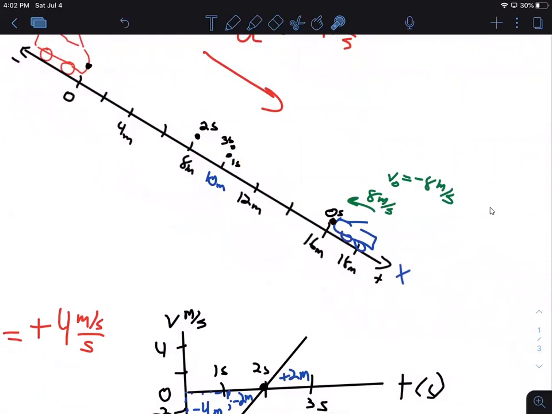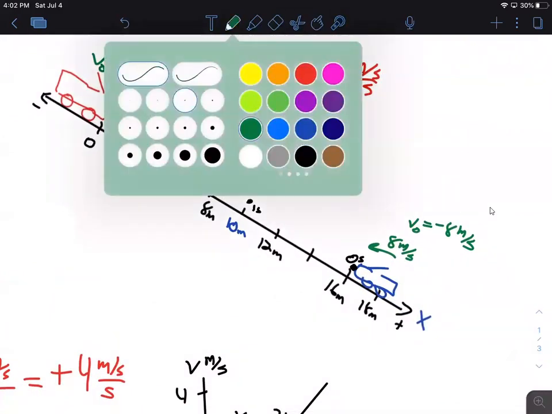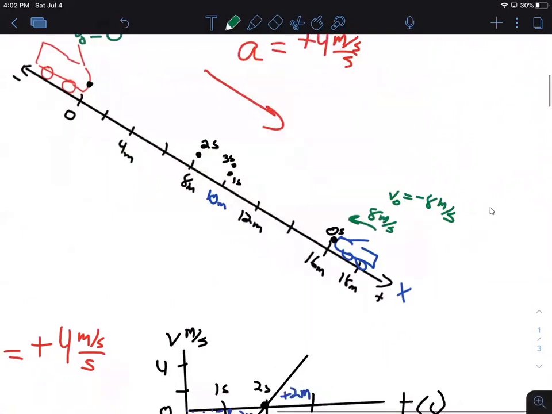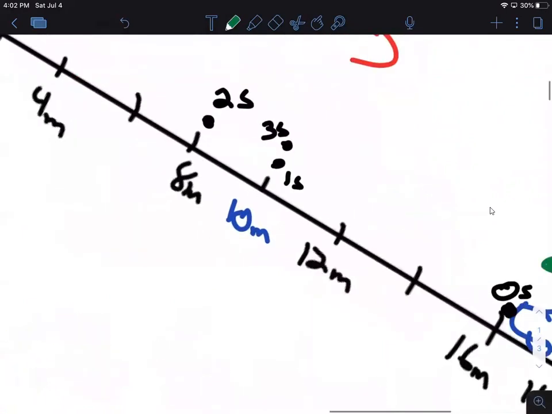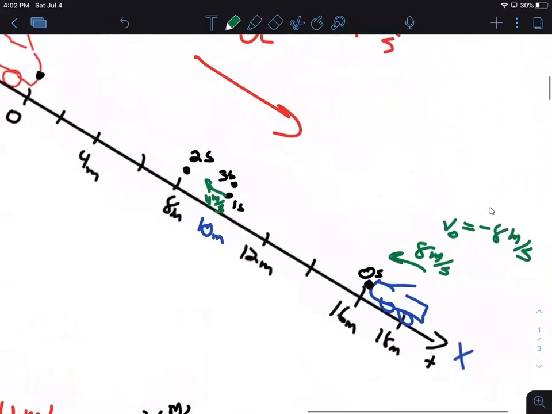But going the other way, we could add our velocities to this motion diagram if we wanted to. So we already have the 8 meters per second. At 1 second, it's going 4 this way. And if I wanted to be technical here, I would draw this 4 meters per second arrow so it was half the size of this 8 meter per second arrow.